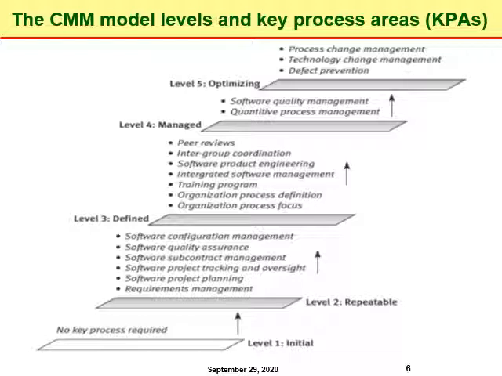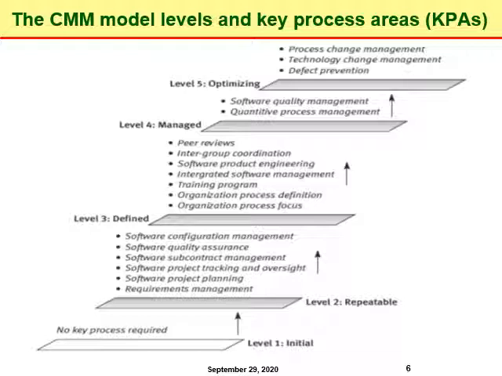Similarly, for level 3, there are other key process areas such as peer reviews, intergroup coordination, software product engineering, integrated software management, training programs, organization process definition, and organization process focus.